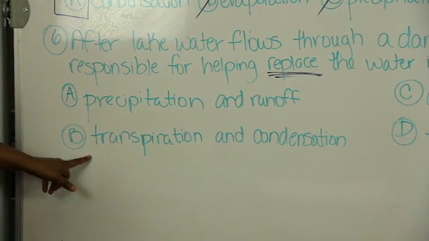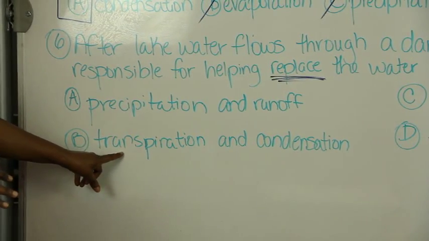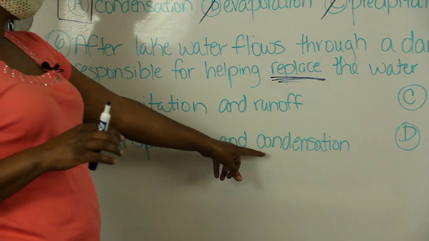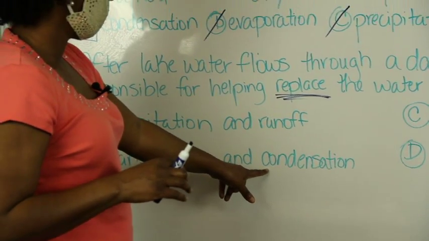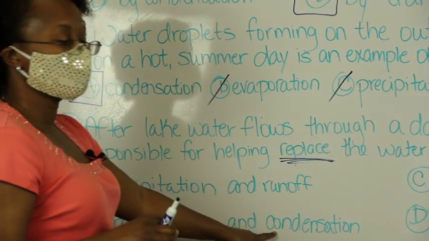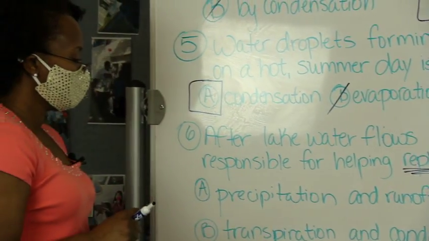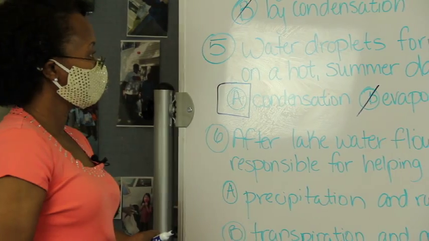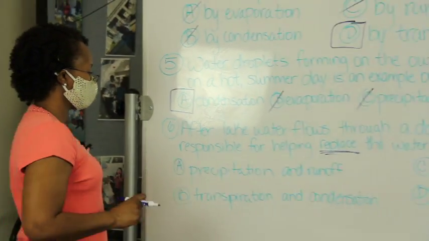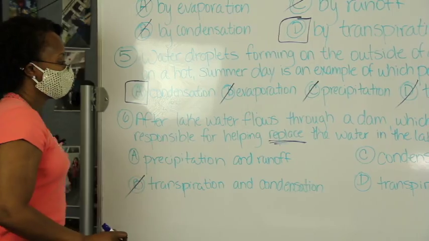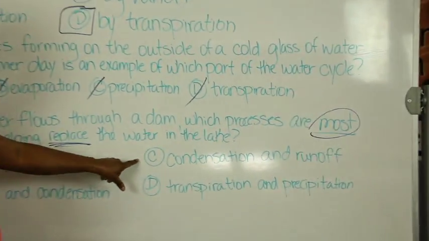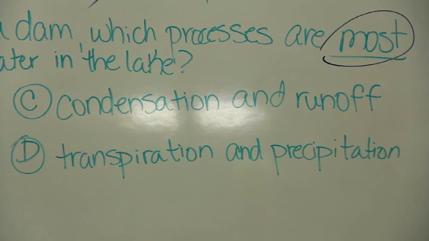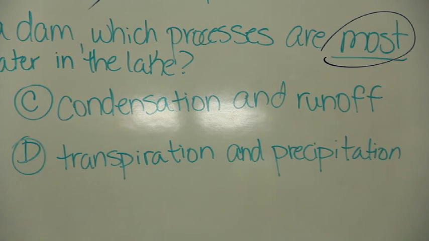Transpiration is when you have water coming from the plants to the environment, and condensation is when you have water vapor that turns into liquid, but it hasn't yet hit the ground, so I would not go with that one at all. Let's go to condensation, which is vapor turning into liquid, and runoff.